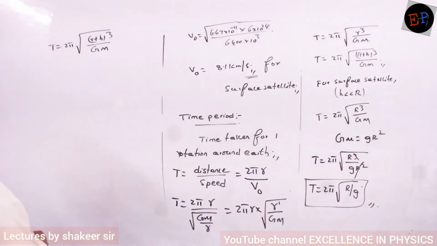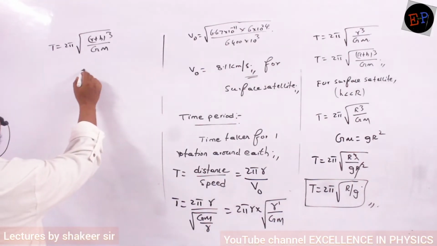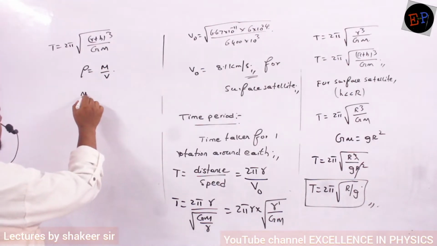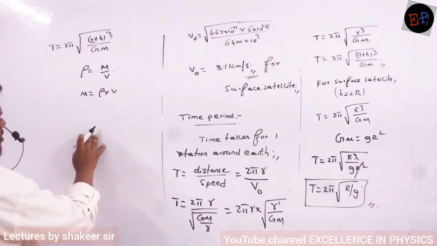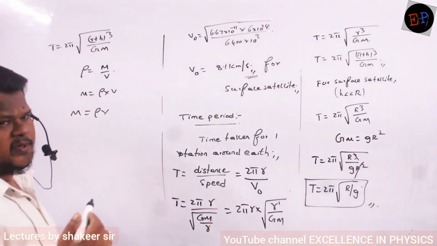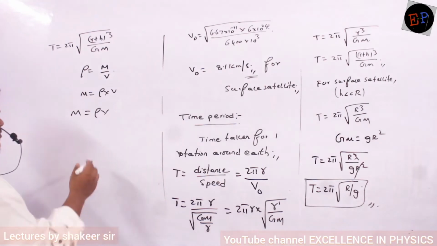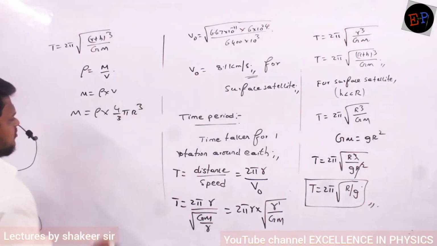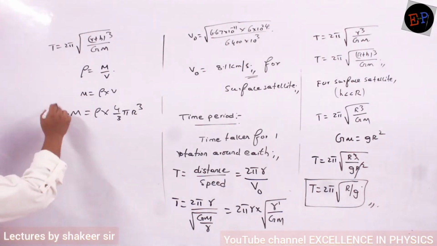In that condition, what can I do? We know that density is equal to mass by volume, no? Therefore mass is equal to density into volume. A planet is a solid sphere. What is the formula for the volume of a sphere? 4 by 3 pi capital R cube. So take this value and substitute here.